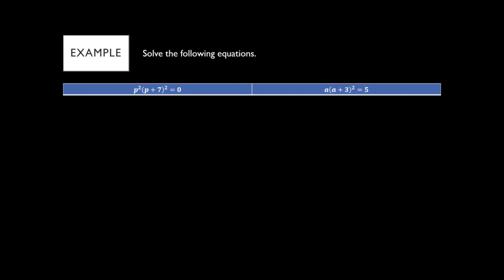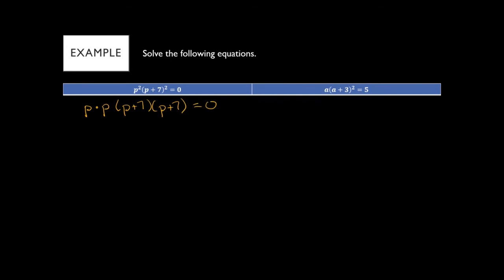So the one on the left, it's equal to 0, which is what we want, but we don't have linear factors. We have exponents on these things. So what you can do is rewrite this. p squared means p times p. And then p plus 7 squared means p plus 7 times p plus 7.